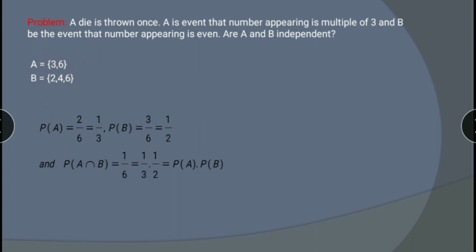So the probability of A intersection B will be 1 by 6 because only one number is common between these two sets. So 1 by 6 is equal to 1 by 3 into 1 by 2, where 1 by 3 is the probability of A and 1 by 2 is the probability of B. So probability of A intersection B is equal to probability of A into probability of B. So A and B are independent events.